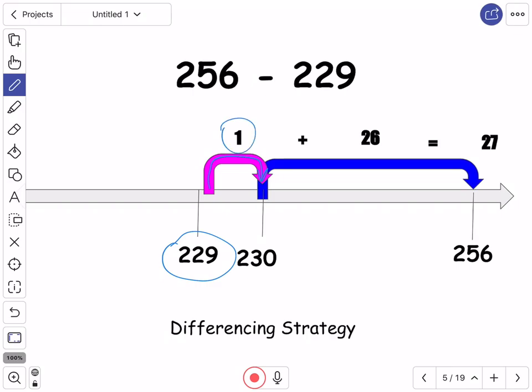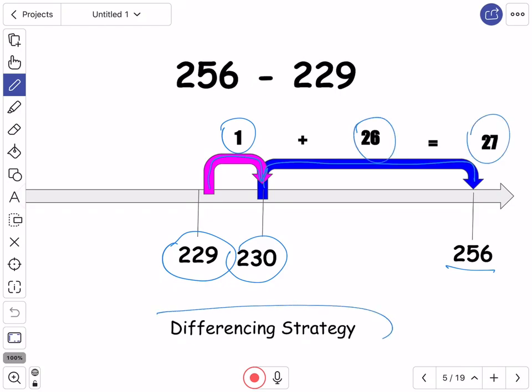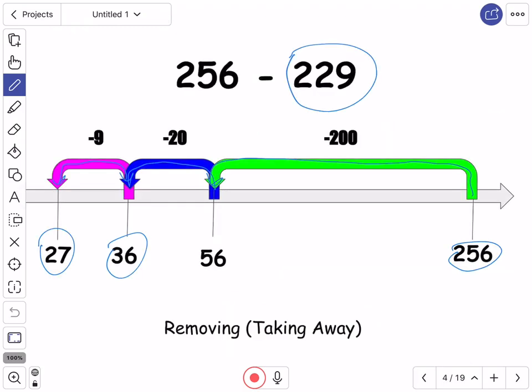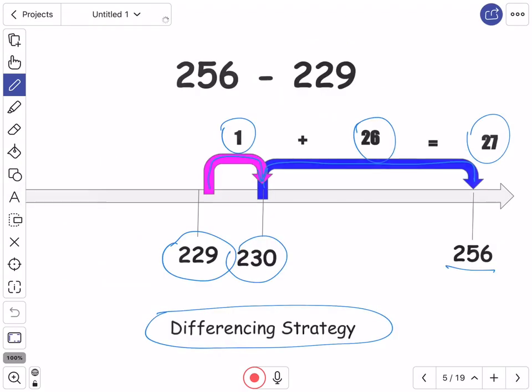So I only needed to jump 1, and then from there, I'm at 230, and I simply need to get to 56. So if I just jump 26 more, I'm at 56, and I can see that 1 plus 26 equals 27. So that one was called the differencing strategy. Both of them got me to the same answer of 27, but you'll see that it was done a different way.